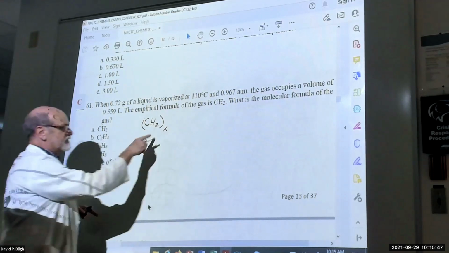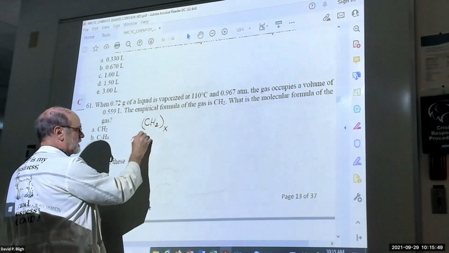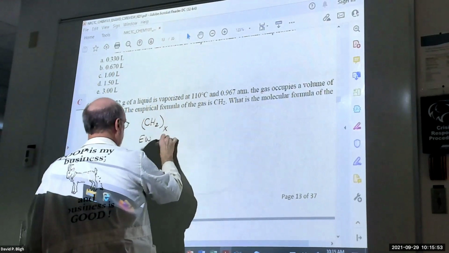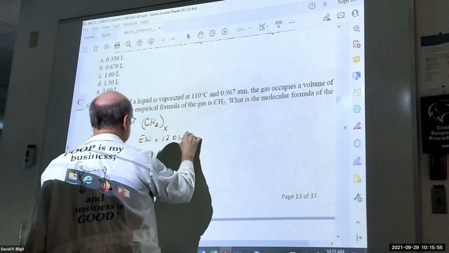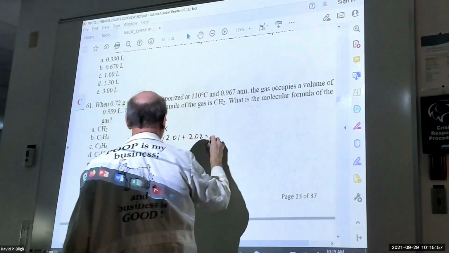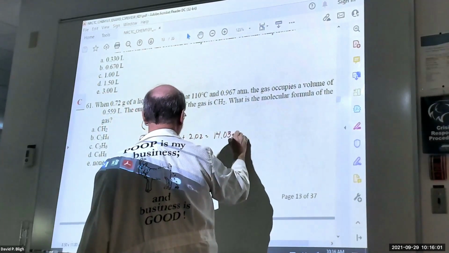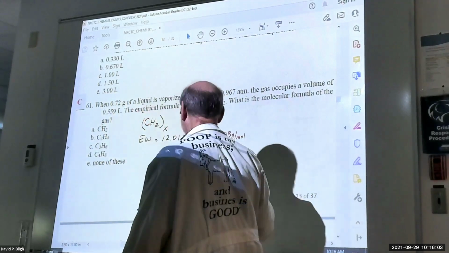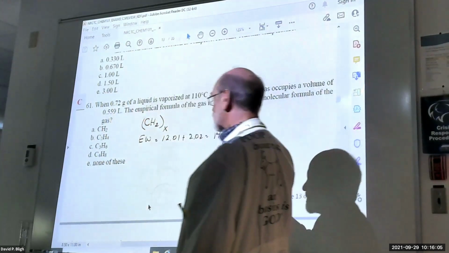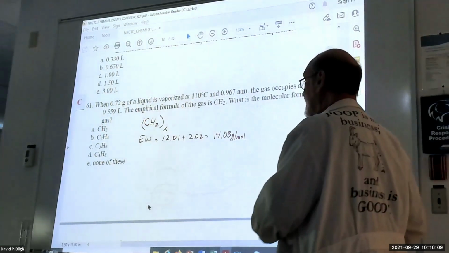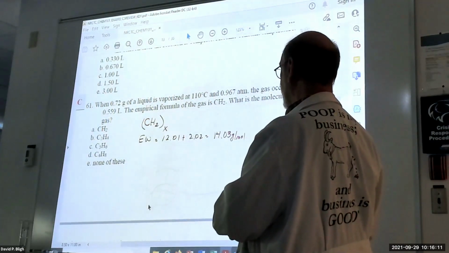So the empirical mass here is what? The empirical weight is 12.01 plus 2.02, which is equal to 14.03 grams per mole. So what we need to know is the molar mass. Can we find it from this information? Do we have the mass?